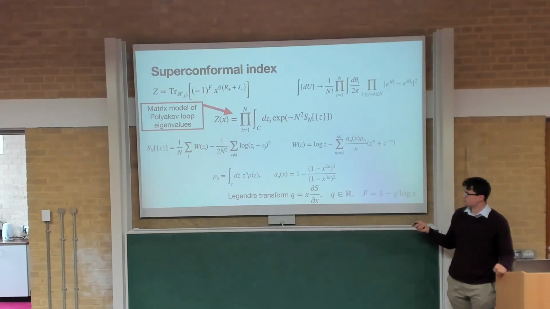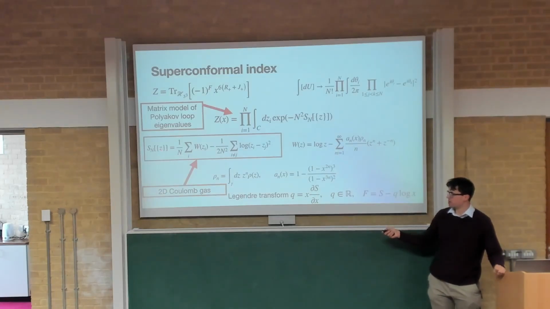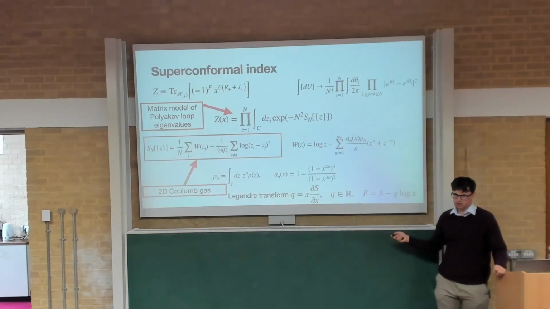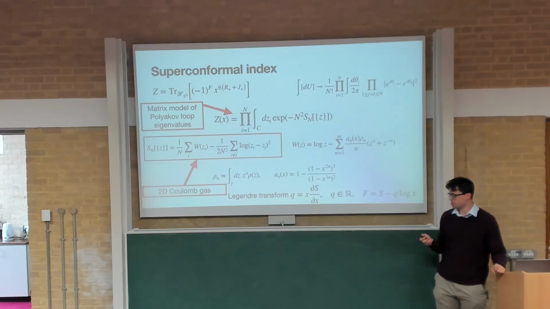This gives us a matrix model in terms of the Polyakov loop eigenvalues. This action looks a lot like a 2D Coulomb gas, so one way you can imagine solving this matrix model is by finding stationary points of this 2D Coulomb gas distribution.